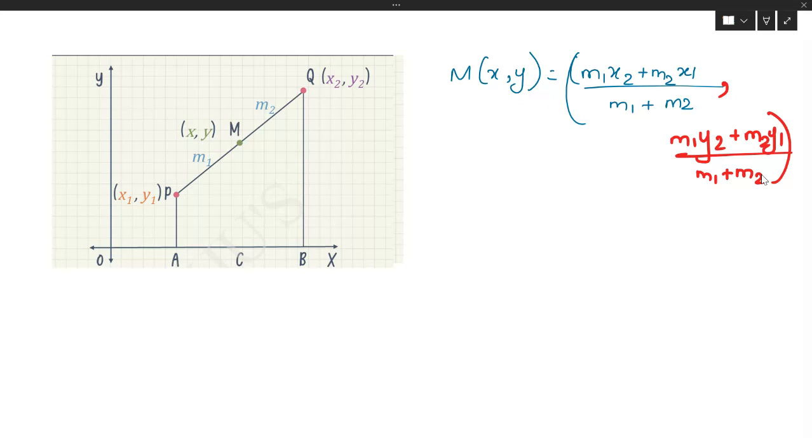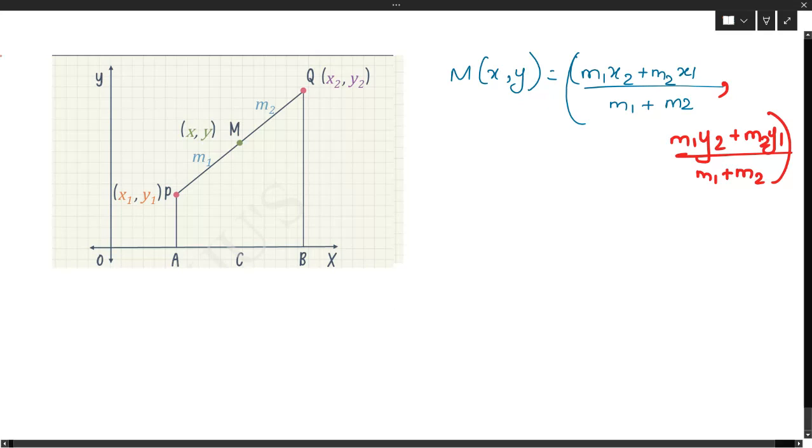They have a ratio there, which is m1 is to m2. So we have to find out m1 and m2 first, which may be given in the question or may not be given in the question. But because of this, we can make a triangle here, which is an exactly 90-degree triangle.